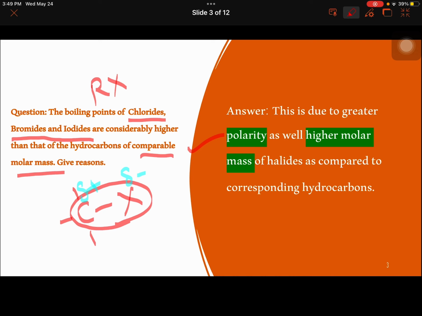We generally take hydrocarbons of comparable molar mass, but still if you compare hydrocarbon with the alkyl halide, the halogens have more mass than hydrogen, so there will be an increase in mass. The most important, prominent reason for this question is polarity. Along with that, you can mention higher molar mass of halides also.